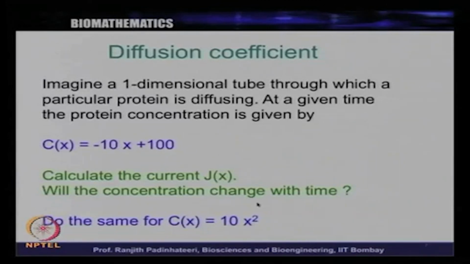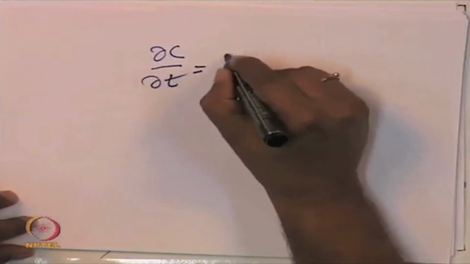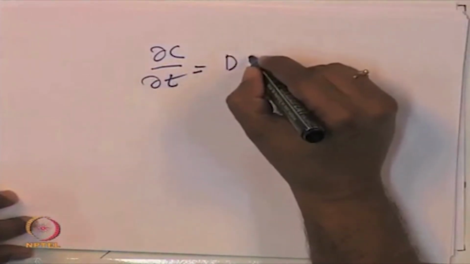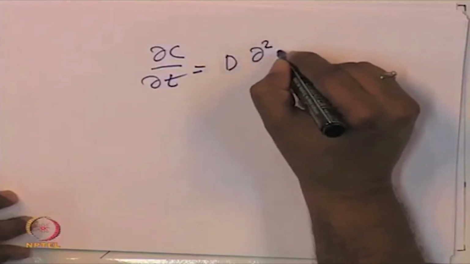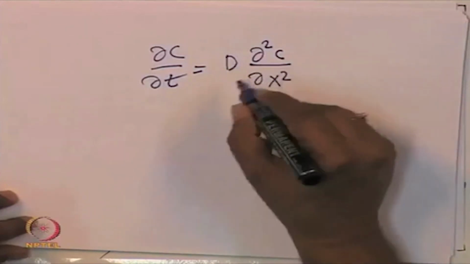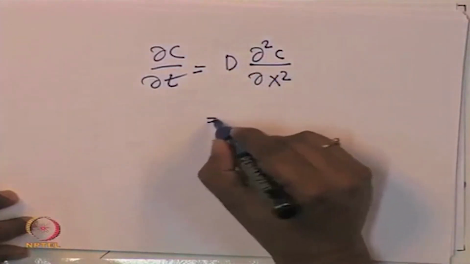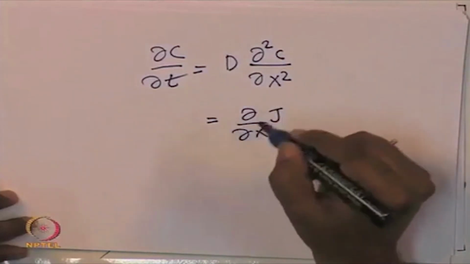So, the answer to this question is that the change in concentration, del C by del t, is basically D del square C by del x square. In other words, we just have to do del by del x of the J we got.